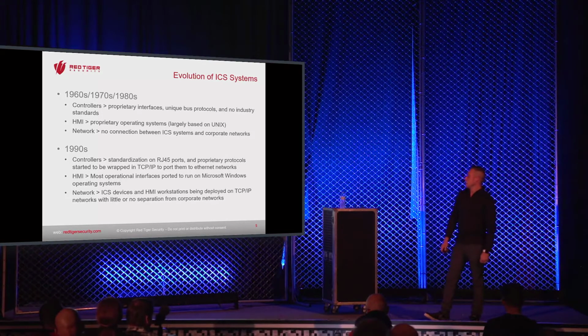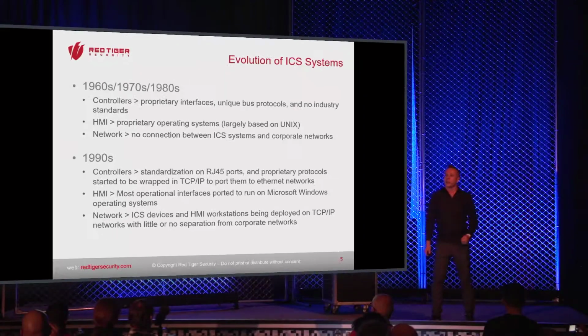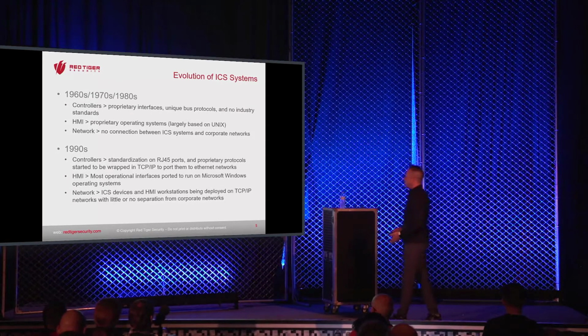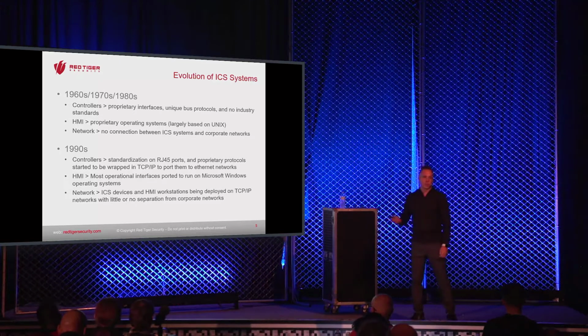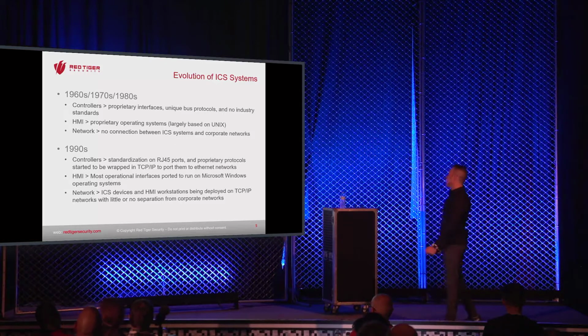In the 1990s, I was working for Chevron as a SCADA engineer, and we started to see controllers shipping with RJ45 ports. Proprietary protocols started to be wrapped in TCP IP, and we started to see HMIs port over to Windows. I think one of the first HMIs that was Windows-based was Wonderware, and then you started to see all the rest of them come out.